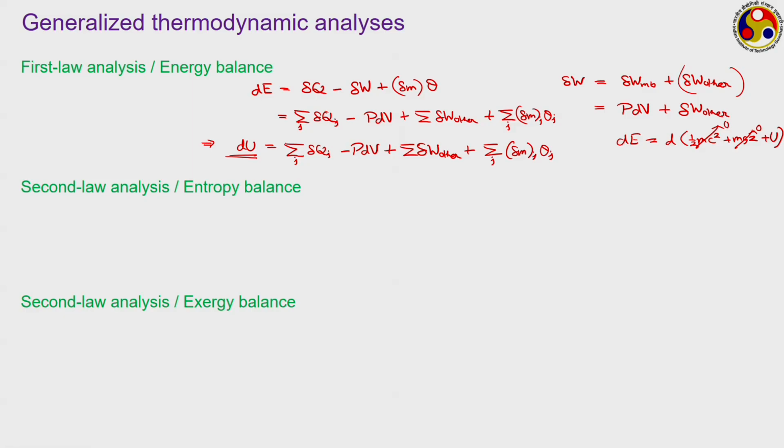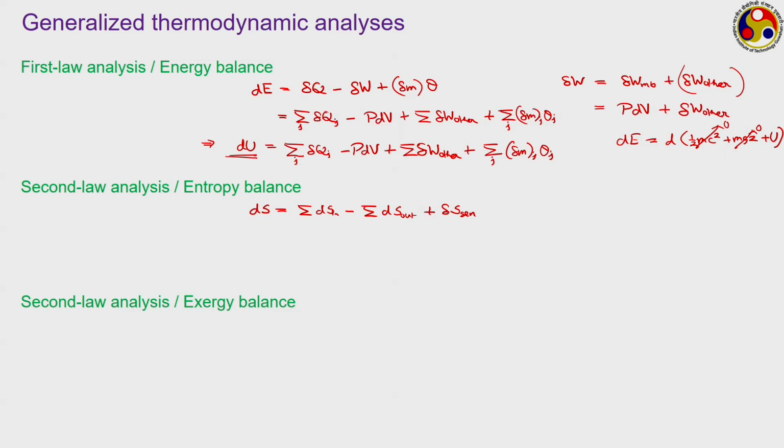So, we can perform second law analysis based upon the entropy generation concept or entropy balance, and similarly by exergy balance. If we perform an entropy balance, then as we have written in the previous lecture, the total change in entropy of a system can be considered to be the entropy coming in, so the summation of all the sources of entropy into the system, minus all sources of entropy moving out of the system, plus entropy generation.